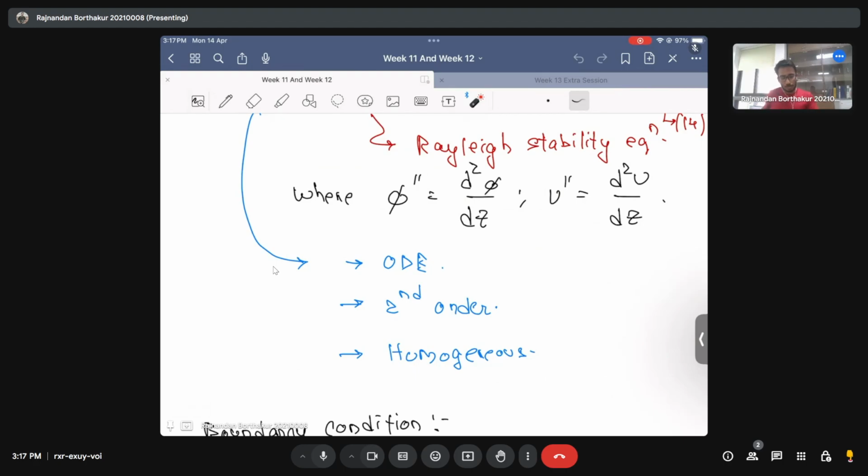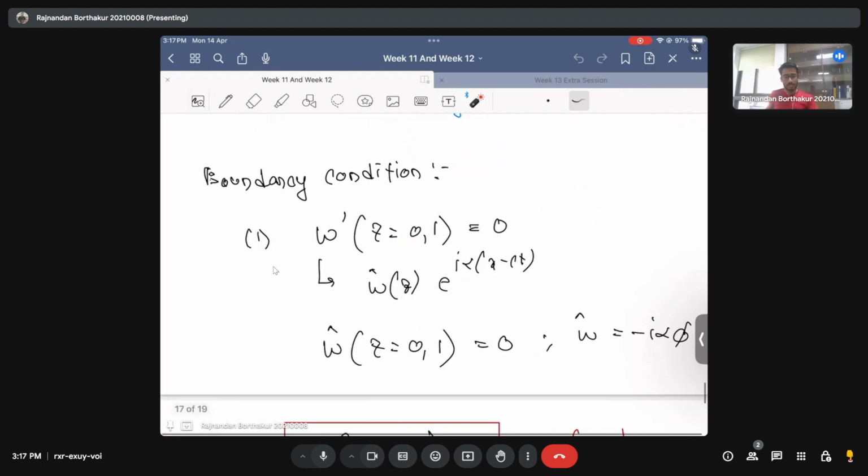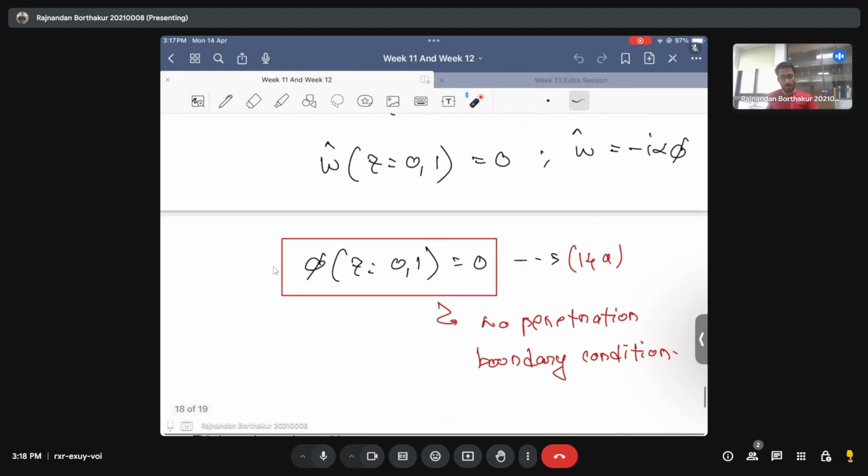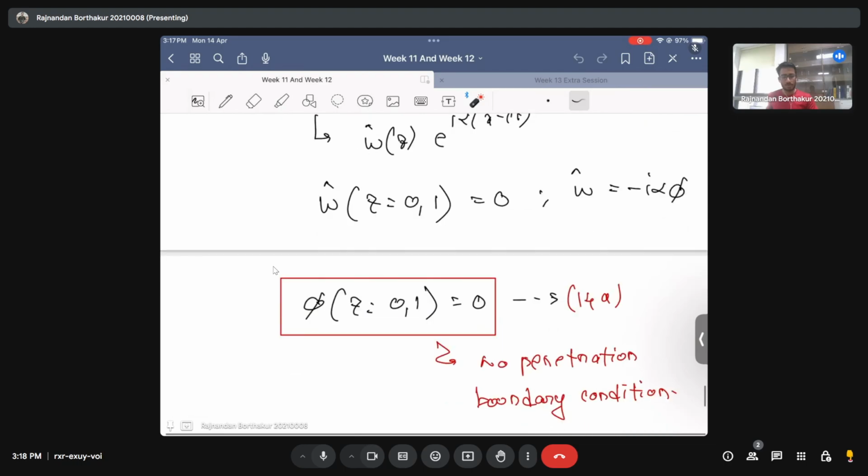Then we looked into the boundary conditions satisfied by the velocity field, where we saw that there is only one boundary condition, since we are in the inviscid analysis. It's just the no penetration boundary condition, and the result was that phi at the domain boundaries was equal to 0.